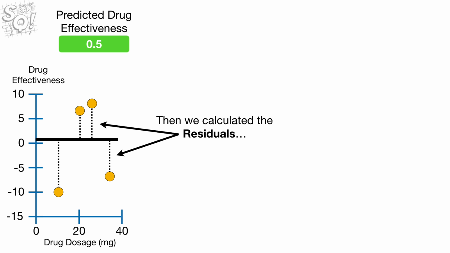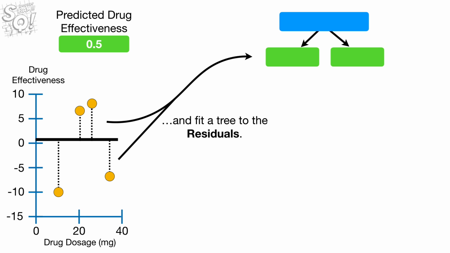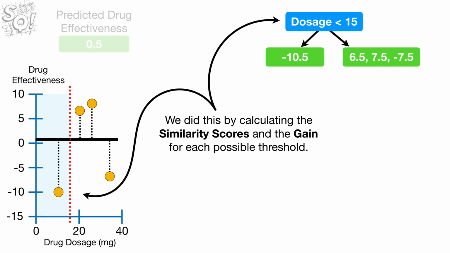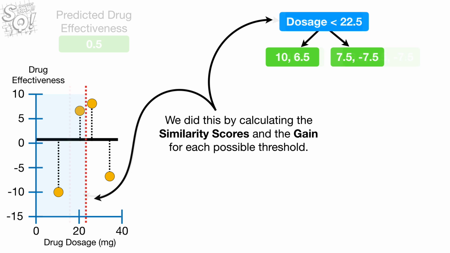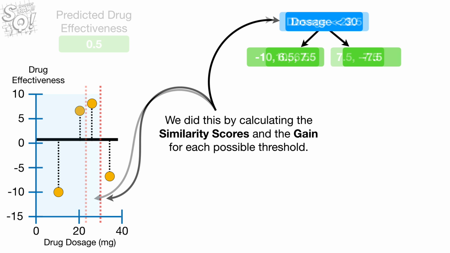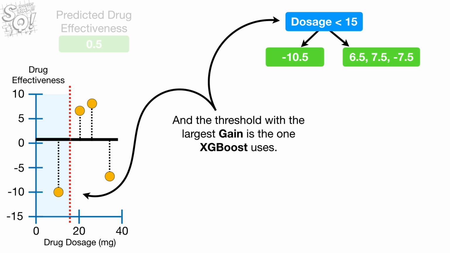Then we calculated the residuals and fit a tree to the residuals. We did this by calculating similarity scores and the gain for each possible threshold. And the threshold with the largest gain is the one XGBoost uses.